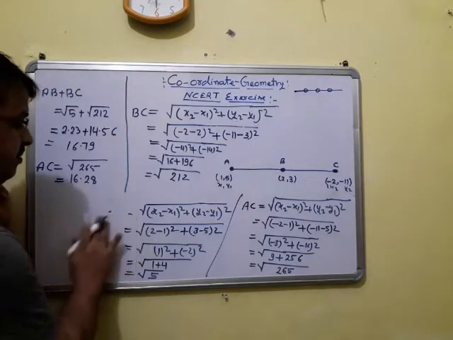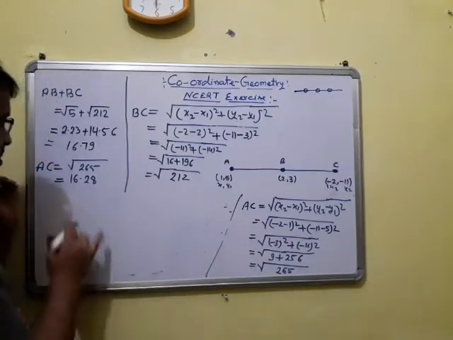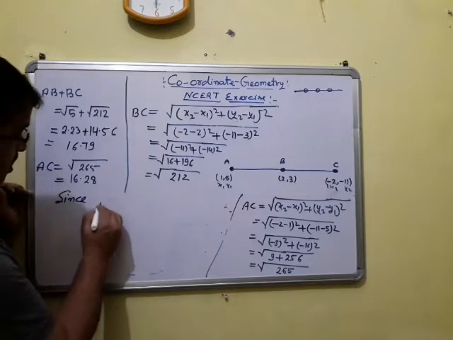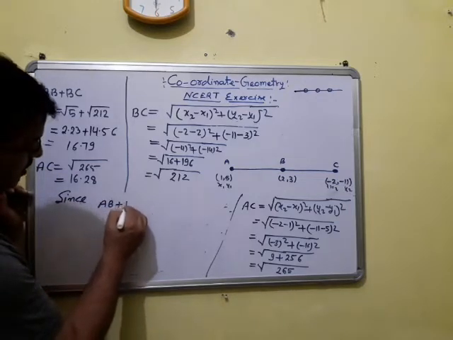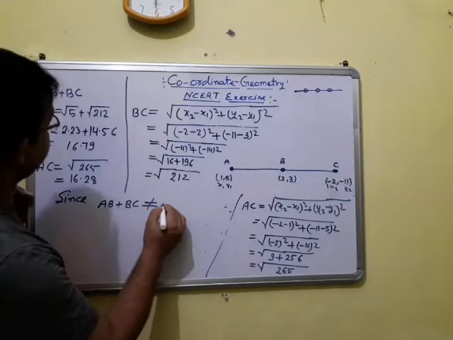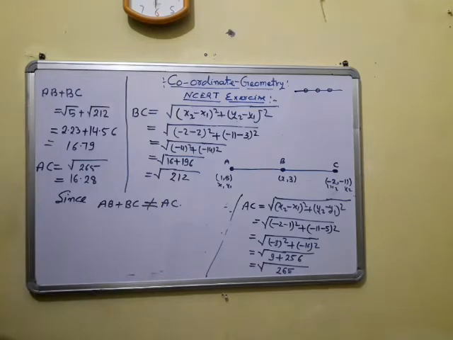So we write: since AB plus BC does not equal AC, clear?